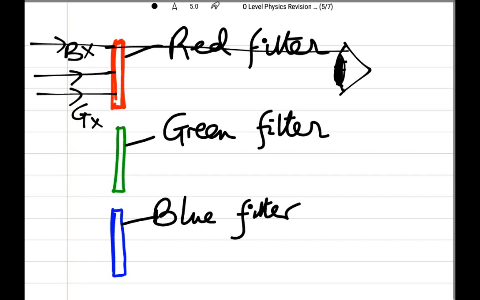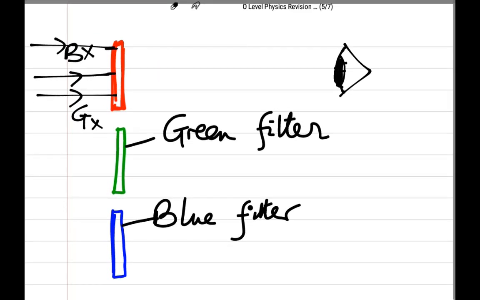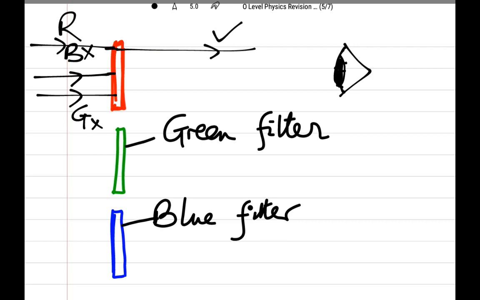Let me remove this. Since the color is there, you can assume that you're seeing that it's red. Okay, that's a red filter. For red, it has gone through, so the red light will be seen.